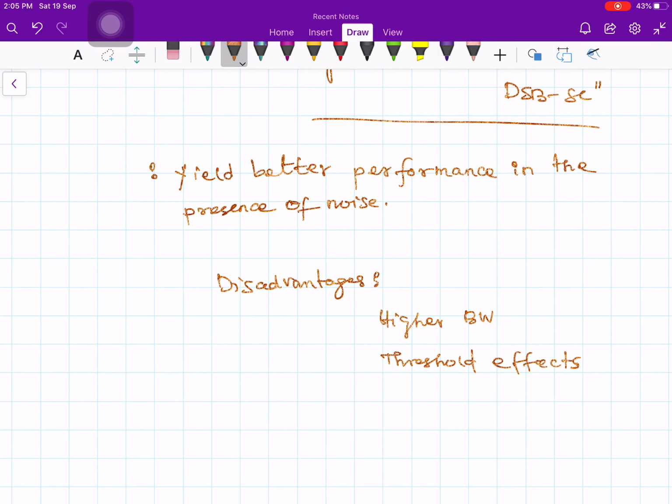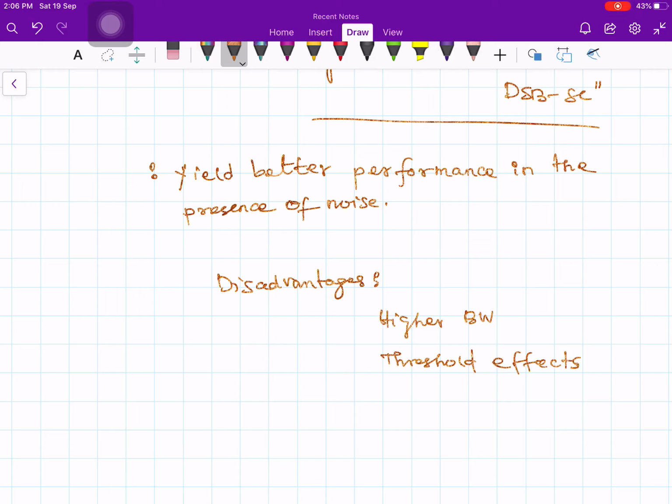The threshold effect refers to the fact that the output is very nice if the input is good. That means if the input SNR is reasonably large, then the output will be very nice. There is noise present, but not to an extent that something bad happens.